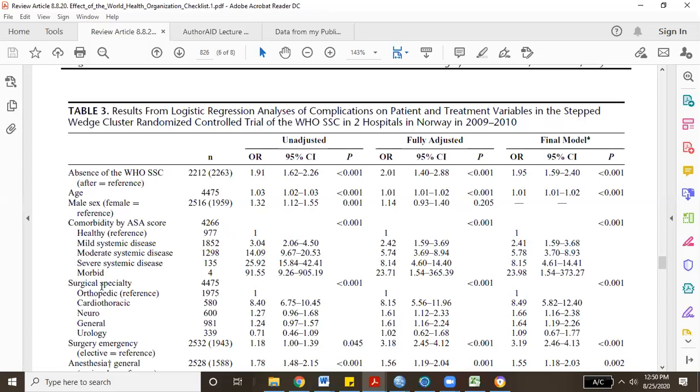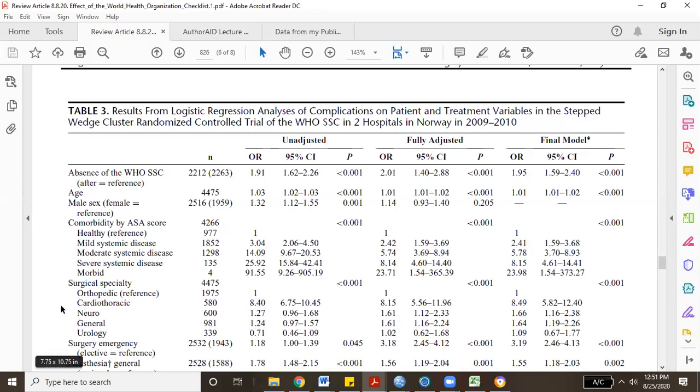Even if you look at the surgical specialty, the p-value is significant, but if you're looking at the odds, you will see that patients in the cardiothoracic department have more complications compared to patients in neuro, general, and urology.